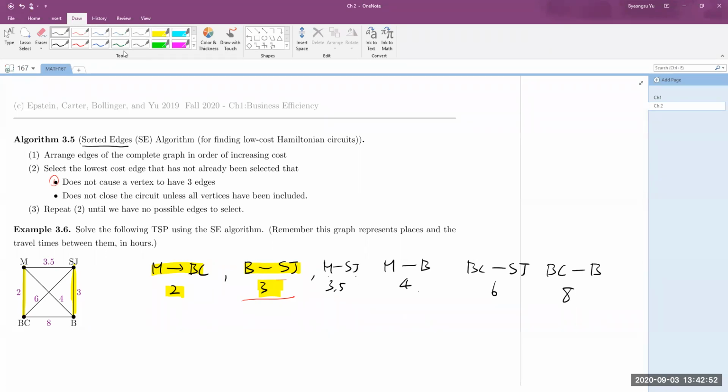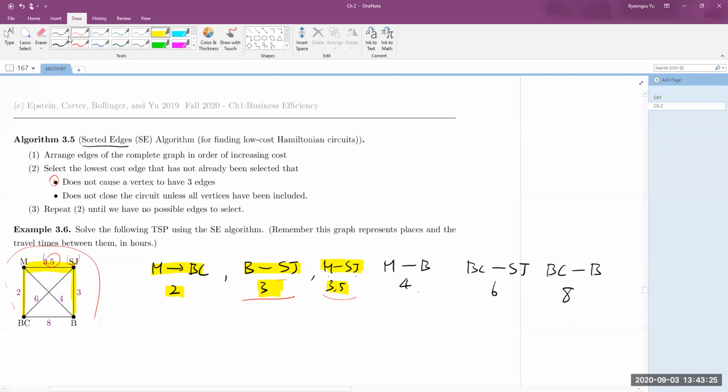If you add Miami to San Juan, does it make some vertex have 3 edges? No, right? Because Miami has only two edges if we add this edge. And San Juan also has 2 edges, and Veracruz and Barbados have 1 edge, so it doesn't have such a problem. And also it doesn't make a circuit, right? Because this one is not a circuit, so we can choose Miami to San Juan.